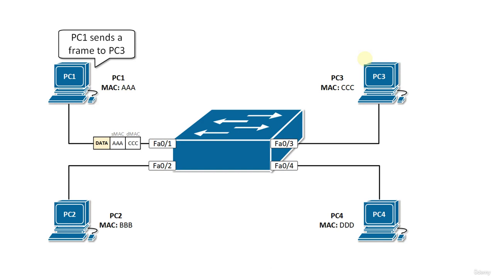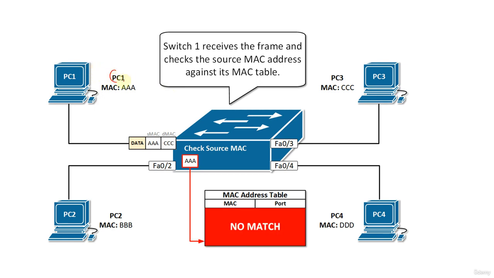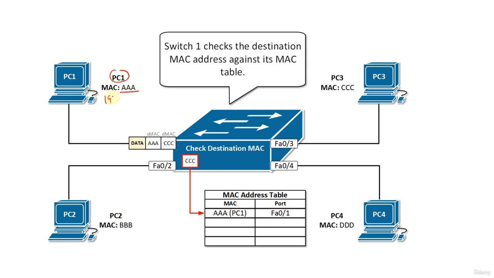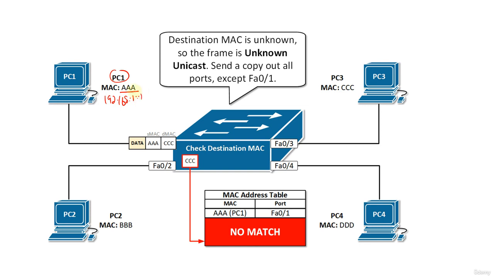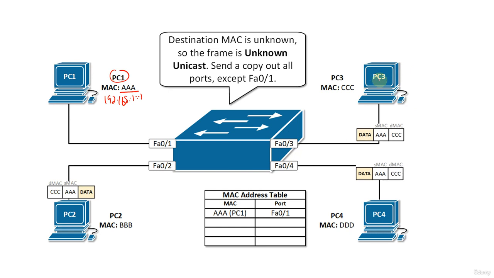So in the next slide, as you can see, we have some communications going on. Before I describe everything, first I just want to show you this is my PC1 whose MAC address is AAA, and let's suppose the IP address is 192.168.1.1, and it wants to send information to PC3.